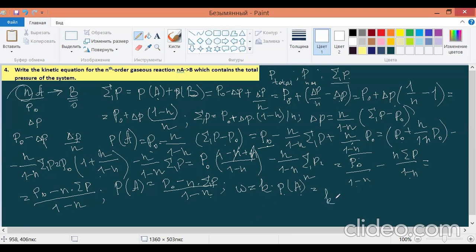It means k times p sub 0 minus n sigma p over 1 minus n, all raised to n. And this is the answer, because they wanted us to write the kinetic equation so that it contains the total pressure of the whole system. Here it is. That's it. Thank you.